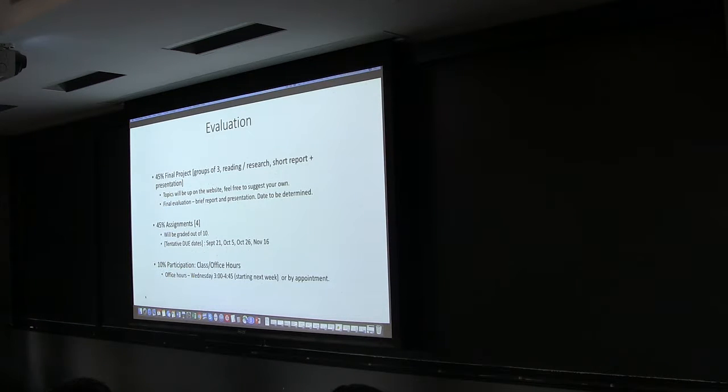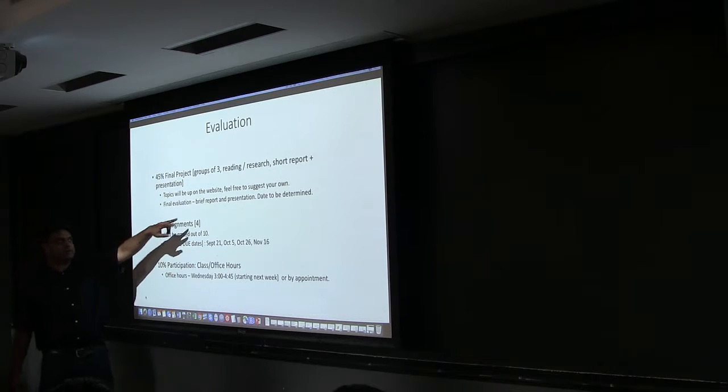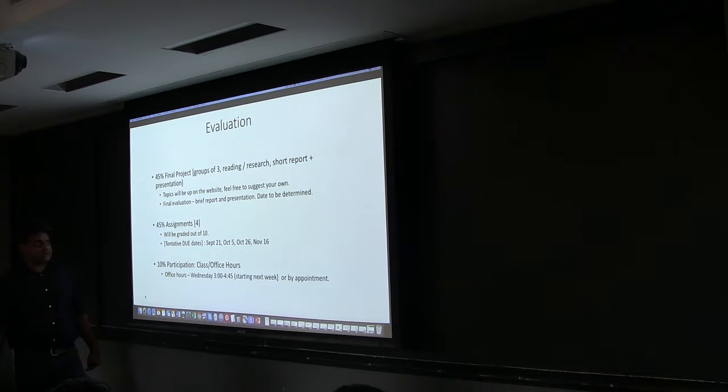You can make your own groups. The way to be evaluated is there's a report at the end of the course. I'm still trying to find the right date, but it'll be after the reading period or towards the end of the reading period, and a short presentation. That'll be the way we'll try to evaluate this course.